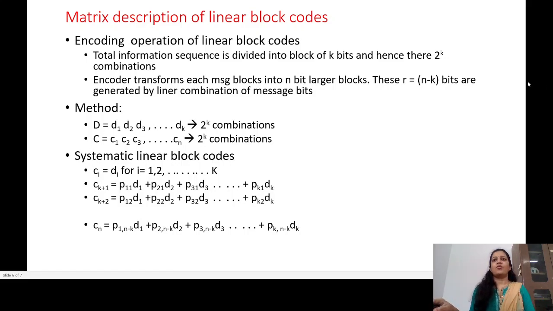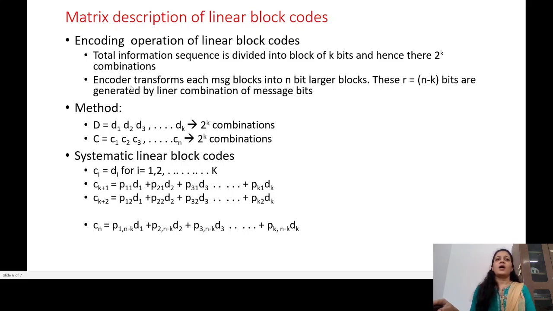So I have 2 power 2, which is equal to 4 combinations. Similarly, if I am dividing the entire message into blocks of 3 bits, then my combinations would be 000, 001, 010, 011, 100, 101, 110 and 111. That is 2 power 3. I may have any one among 2 power 3, which is equal to 8 combinations.